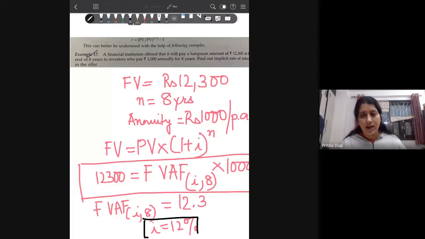So here the rate of interest was missing. I'll take up another question where the time period is missing, and using help from the table like we did right now, we will locate the number of periods. But before that, is this clear to everyone?